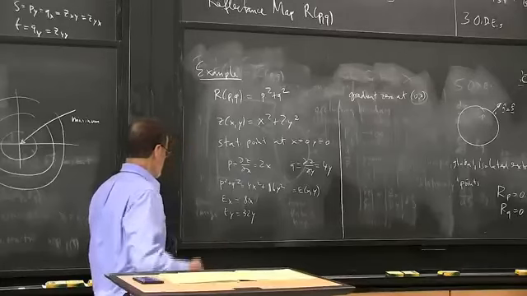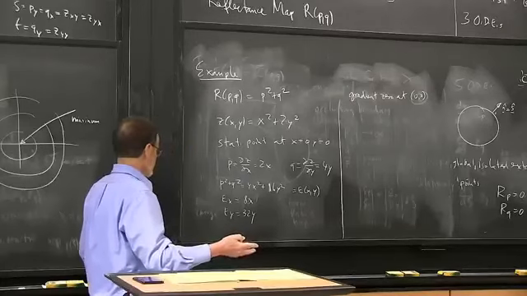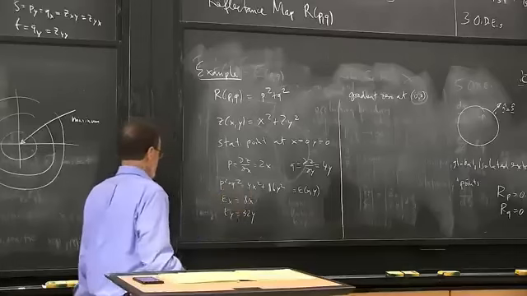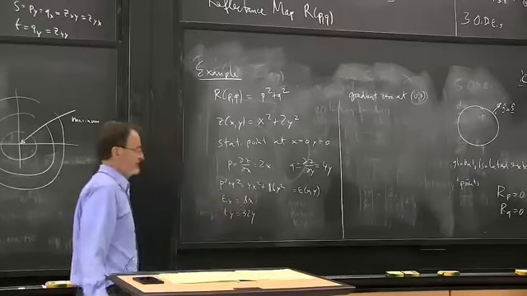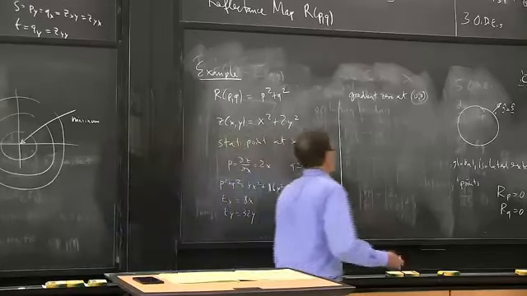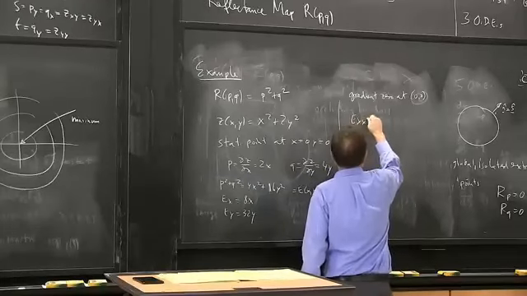Okay, now can I use the gradient to estimate the shape, local shape? Well, no, because the gradient is 0 right at the origin. And so let's take the second derivative.